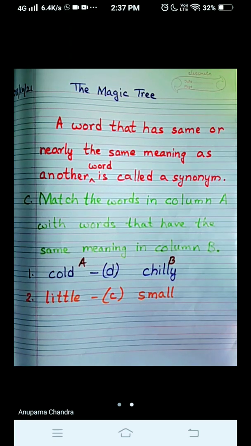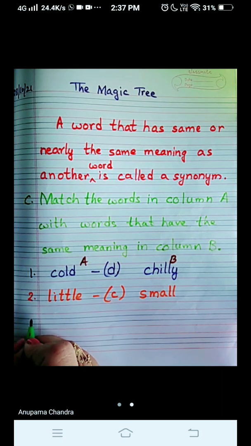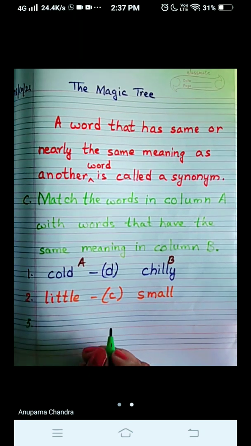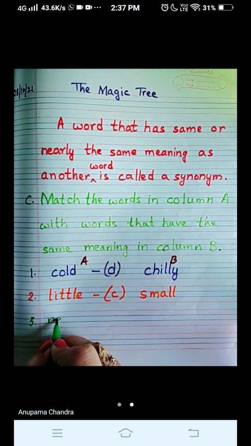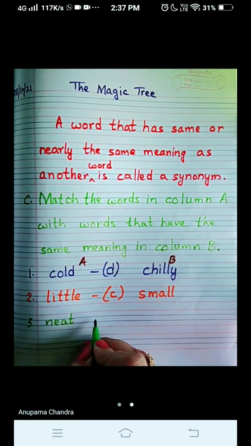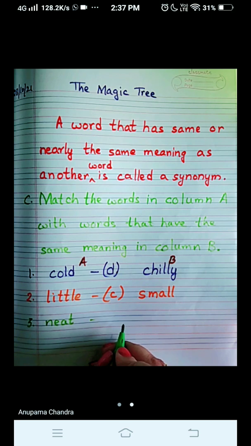Now we come to the third one. Number 3 is, and the third word given in your book is neat. N-E-A-T, neat. Put a dash, children.